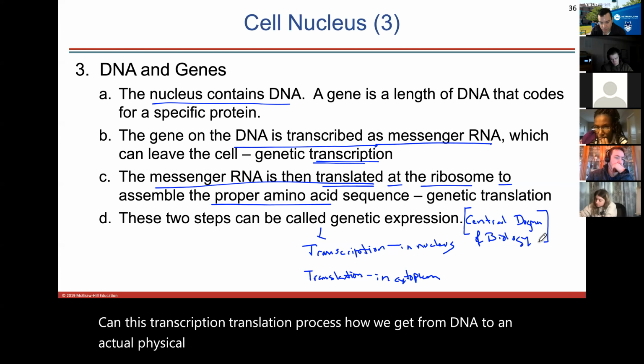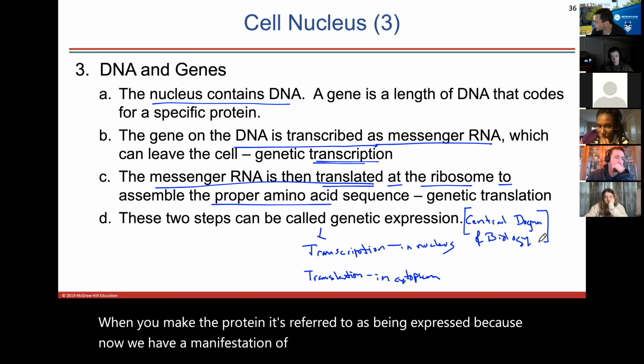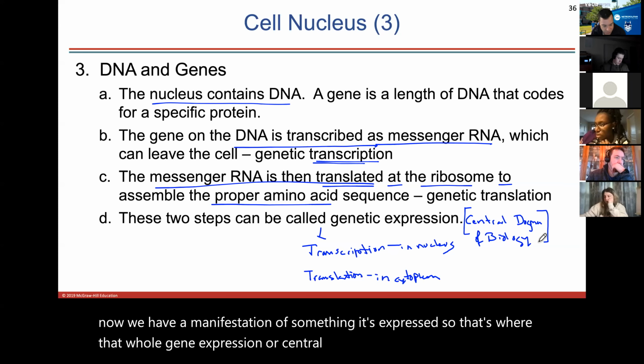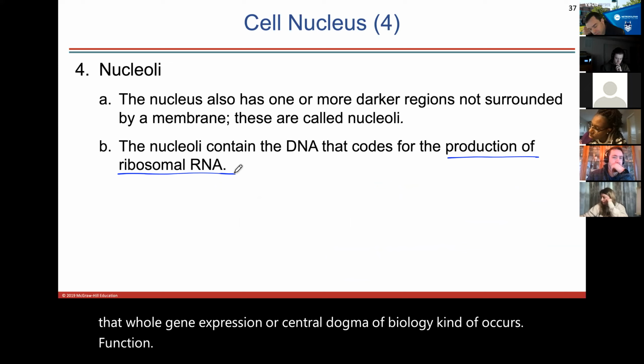When you make the protein, it's referred to as being expressed because now we have a manifestation of something. So that's where that whole gene expression or central dogma of biology occurs. Function: making the ribosomal subunits is the function of the nucleolus.